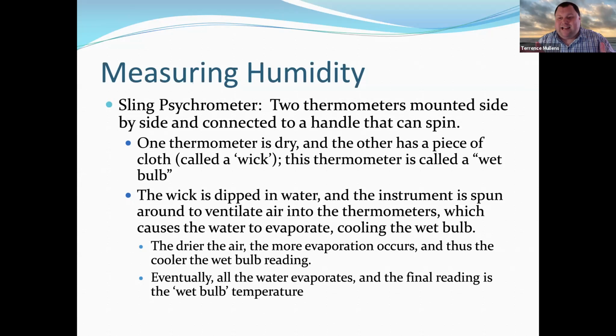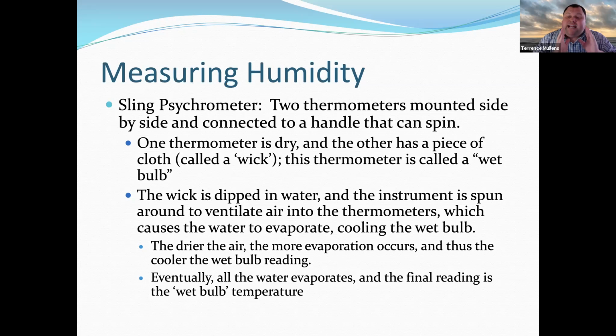On the other hand, if the humidity isn't low, if it's actually very moist, if the air is very humid, you won't get a lot of evaporation, and that temperature won't shrink nearly as much.